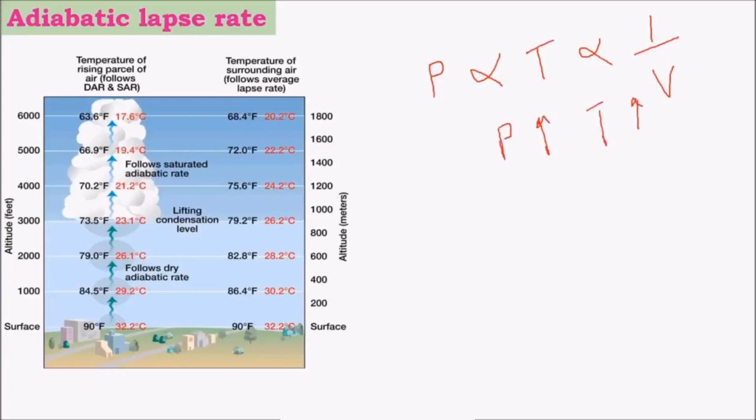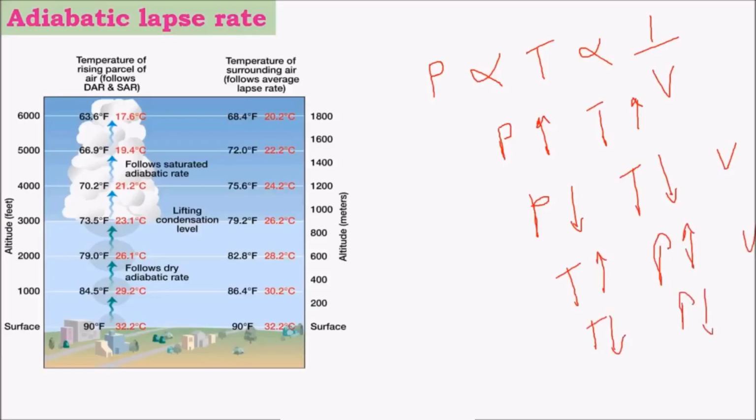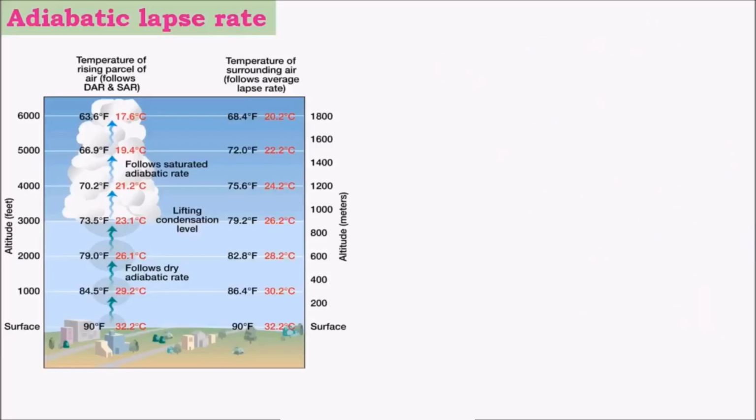And vice versa, when pressure falls, the temperature also falls, considering that volume is constant. And likewise, when temperature increases, pressure increases when volume is kept constant, and in the other case, when temperature falls, pressure also falls when volume is kept constant. So this is what gas law states. So we'll apply the same principle here.